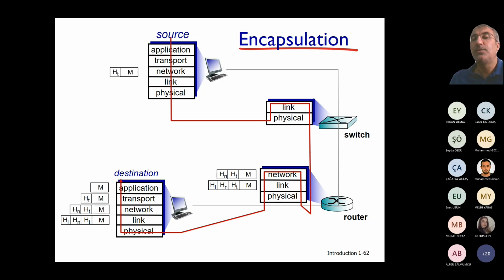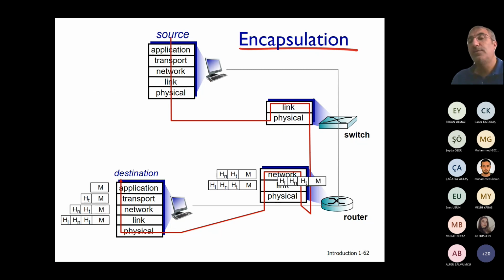And then we pass it to the network layer. The network layer is also going to form a datagram. So the segments become datagrams, and we add a network layer header at the preamble. We encapsulate and pass to the data link layer. The data link layer is going to convert it into a frame, and we add a new header for the link layer.